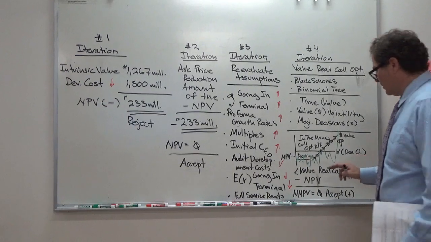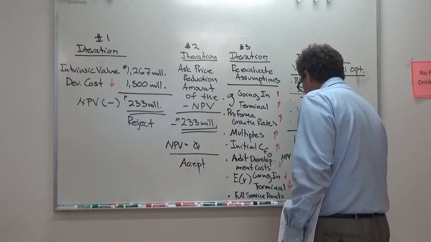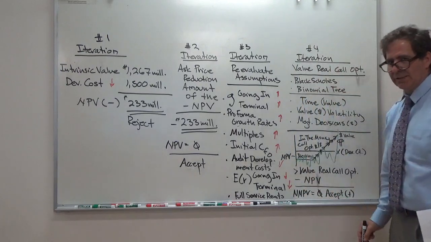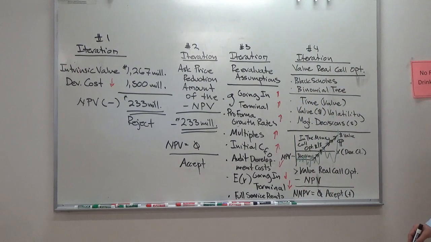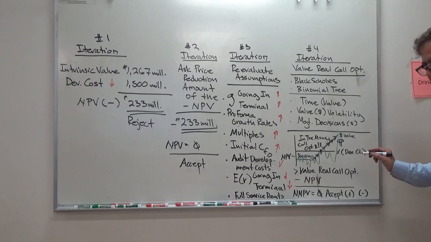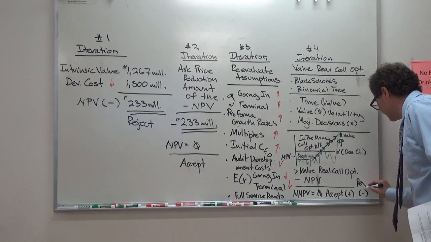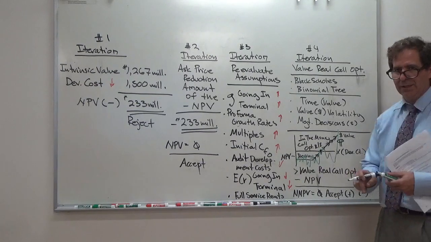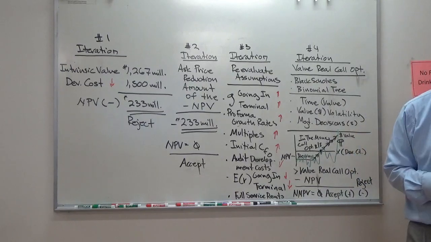Accept it. And what if the value of the real call option is less than the negative net present value? What's your net present value? Negative. And if it's negative, do you accept or reject it? Reject it. Got it. That's it.